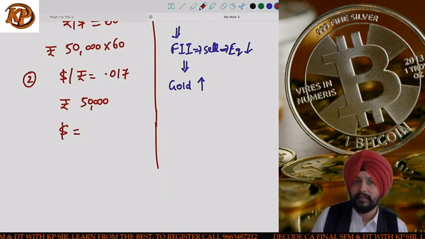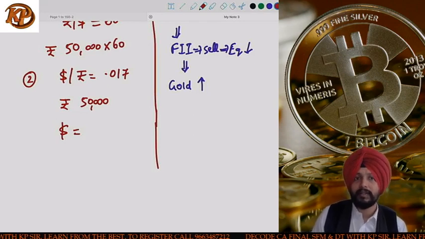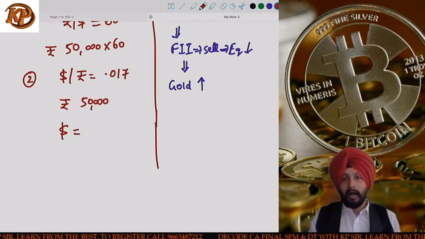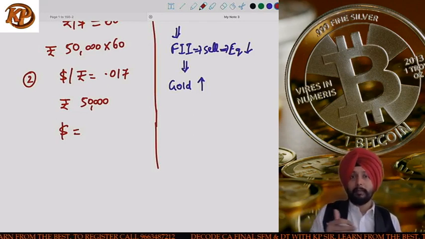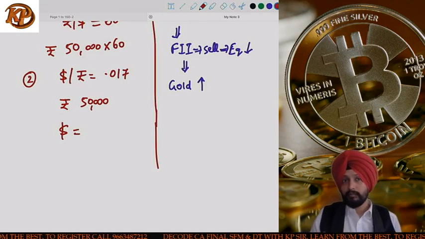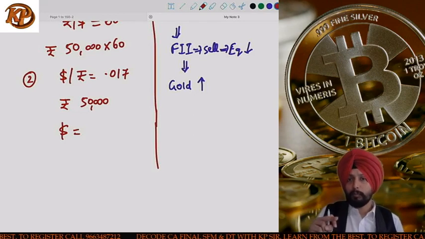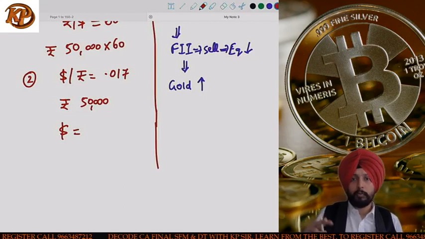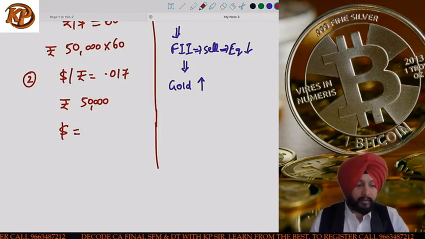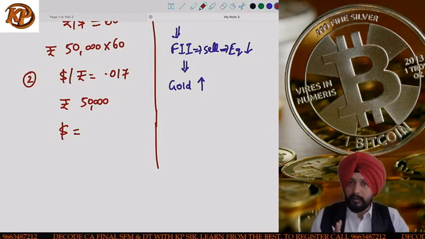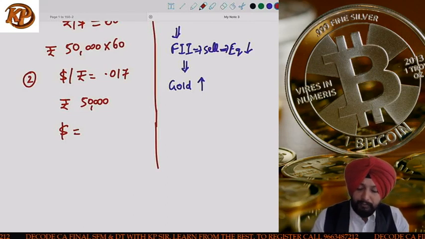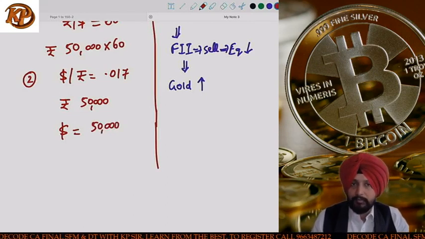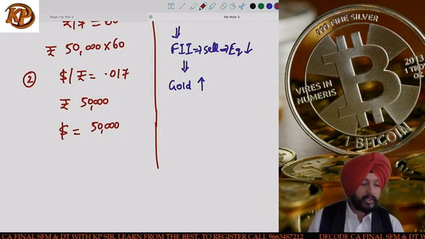Dollar per rupee is given, 50,000 rupees is there in hand. Will I divide or will I multiply? Think about it. But sir, when I converted from dollars to rupee, I multiplied. No, so from rupee to dollars we will not multiply, we will divide. If we divide, we will get 50,000 divided by 0.017.